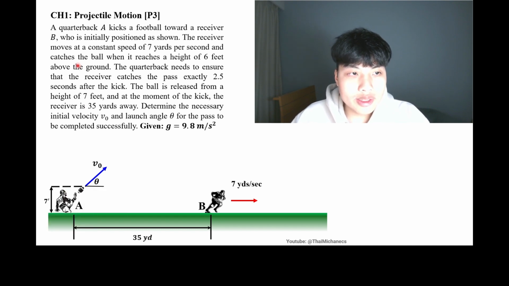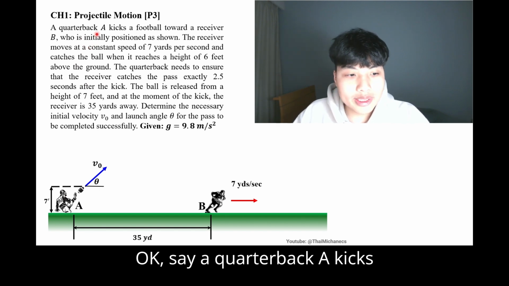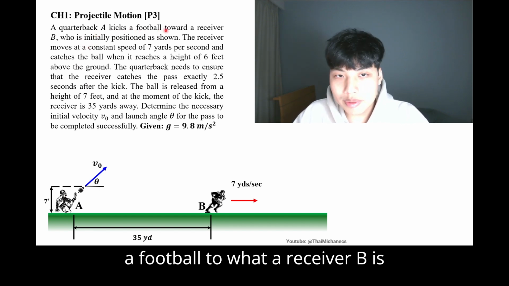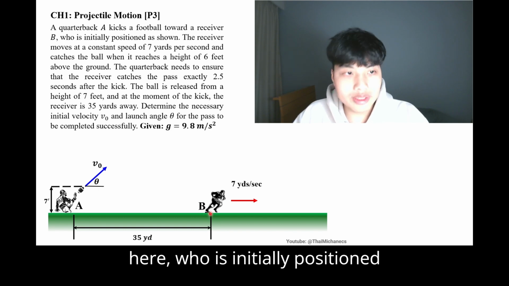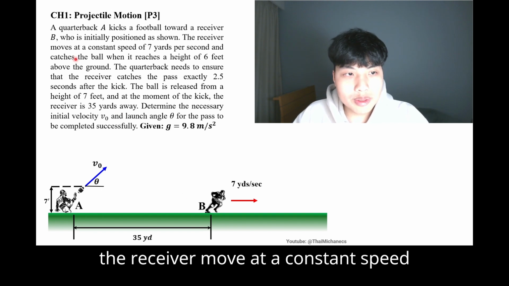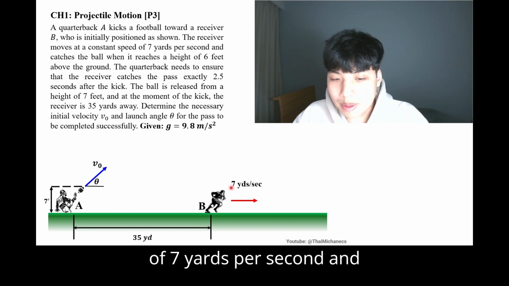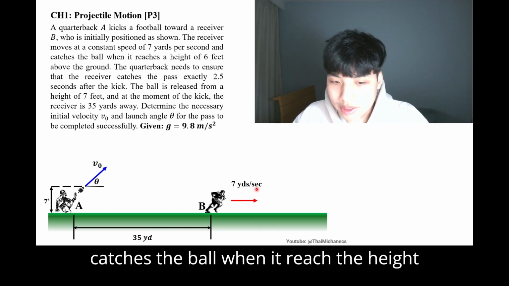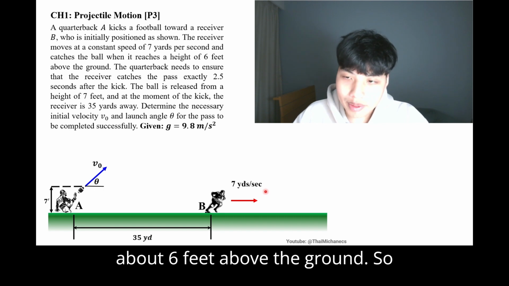Say a quarterback A kicks a football toward a receiver B, who is initially positioned as shown in the figure. The receiver moves at a constant speed of 7 yards per second and catches the ball when it reaches a height of about 6 feet above the ground.